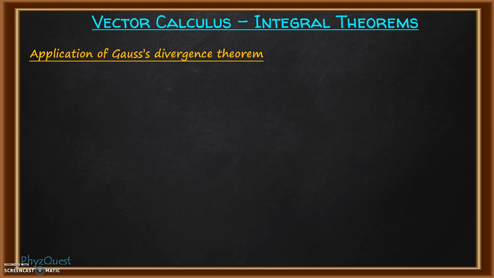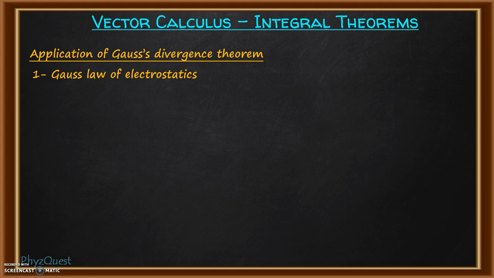Few of them, the most important of them you can say, is in the field of electrostatics, which is the Gauss law of electrostatics. Gauss law of electrostatics basically shows you the electric flux.